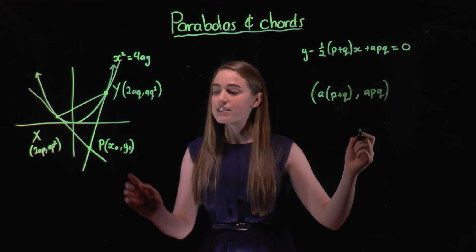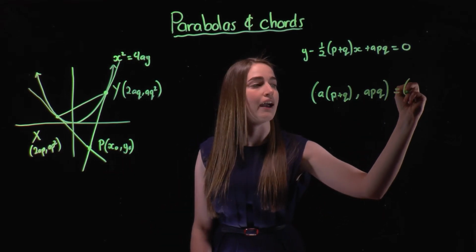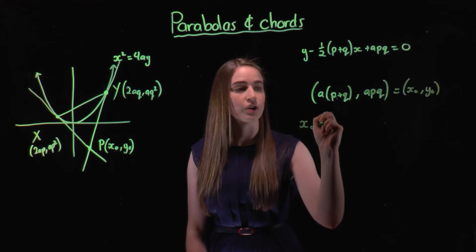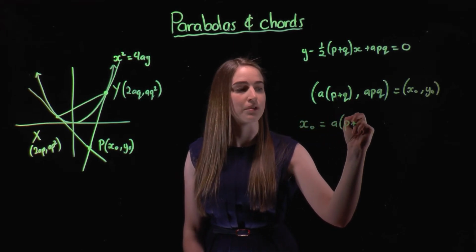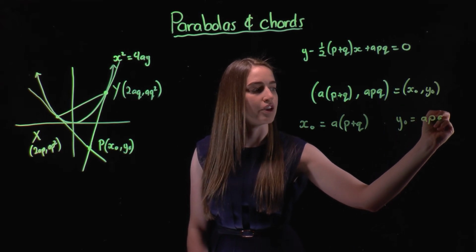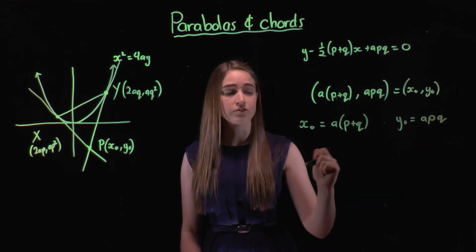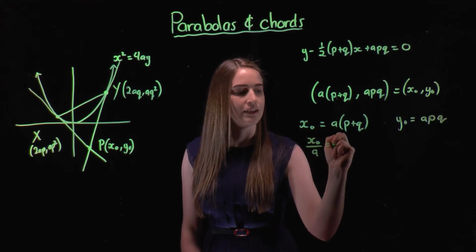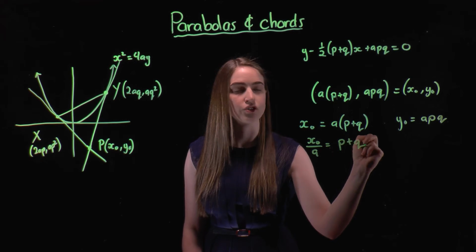So that point of intersection has to be, in this case, our x naught, y naught. So what that means is that x naught has to be equal to a times (p plus q), and y naught has to be equal to apq. Now I'm going to take this one and rearrange it. So I'm going to have x naught over a is equal to p plus q.